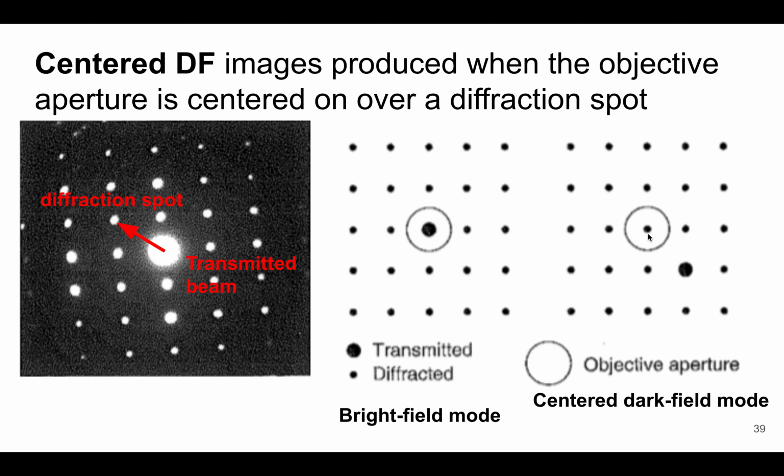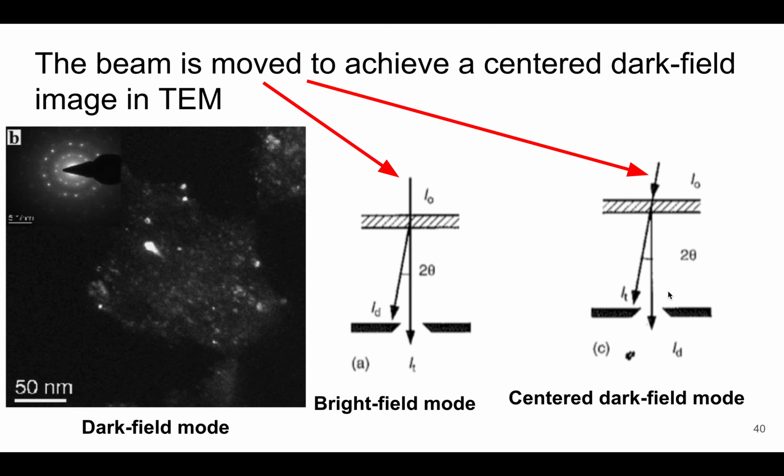And that's important because if you think about it, each diffraction spot corresponds to a specific set of HKL planes. So only that set of HKL planes will result in diffracted intensity under this configuration. And so that's what we see here, moving that beam so that we have the center dark field image.